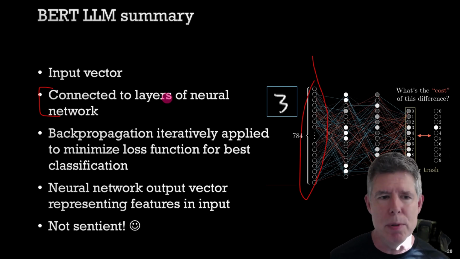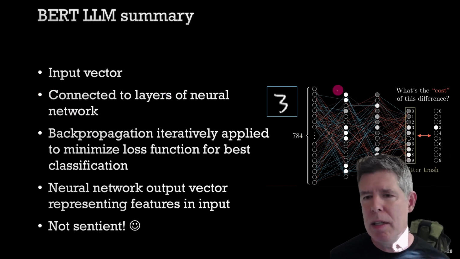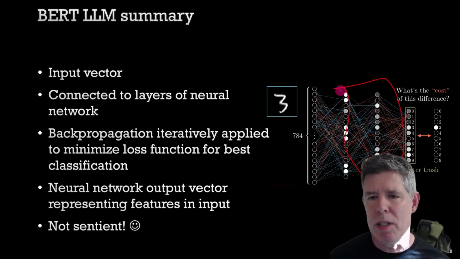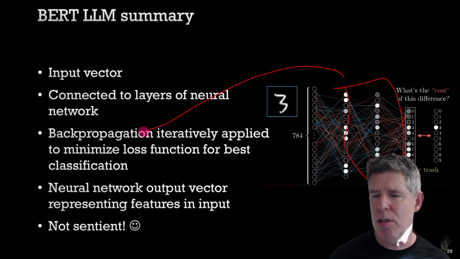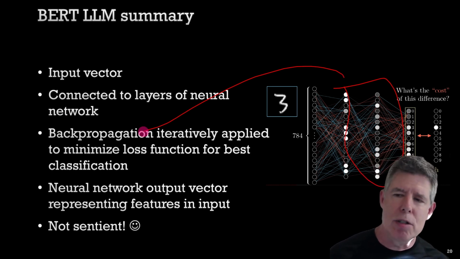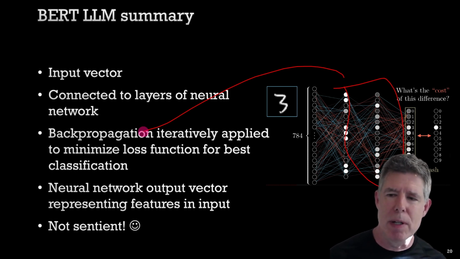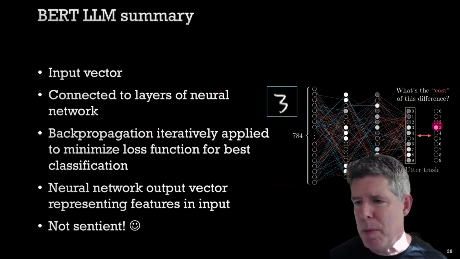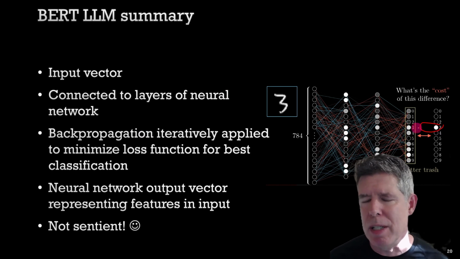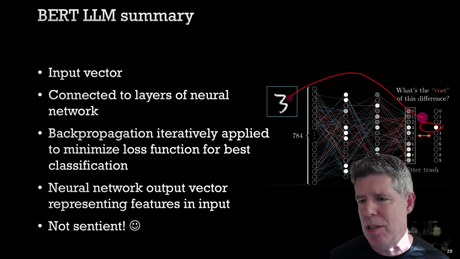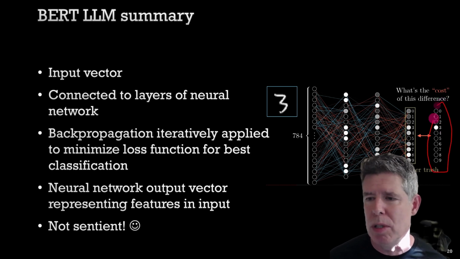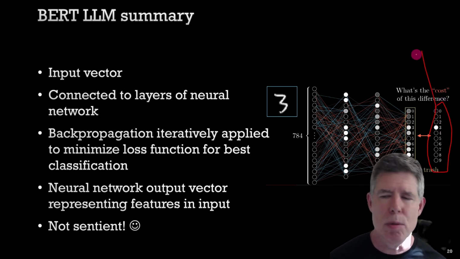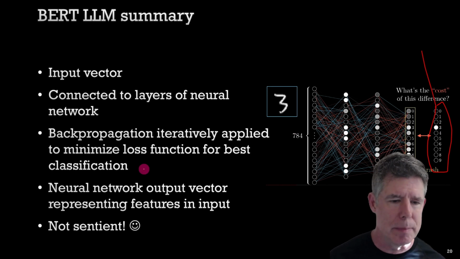That's this first input layer. And then the neural network is very clever because it's going to use backpropagation to iteratively try to minimize the cost function and thus come up with a model that properly characterizes, properly selects, classifies the input according to your labeled correct description of the data.